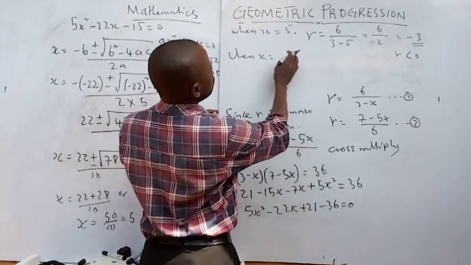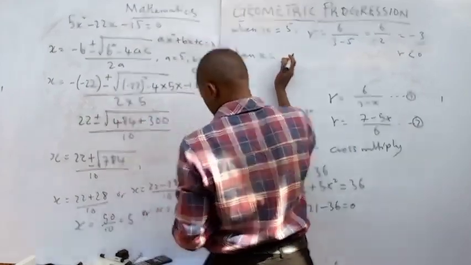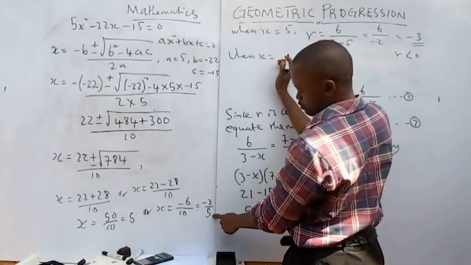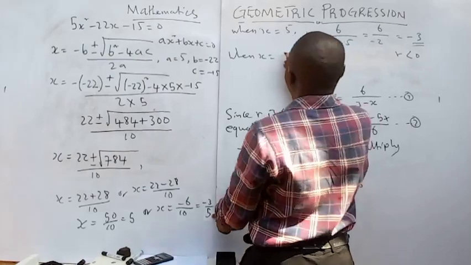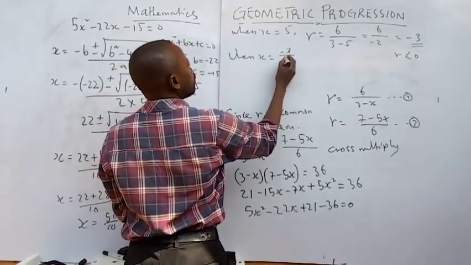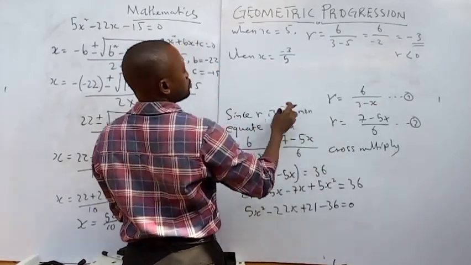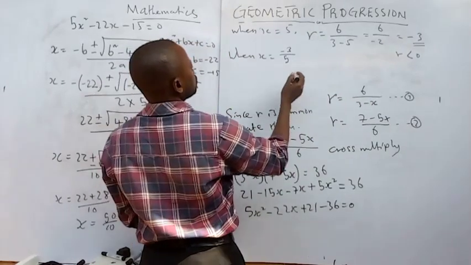So let's look at when x is minus 3 over 5. We substitute it inside here again. Of course, both should give the same result.